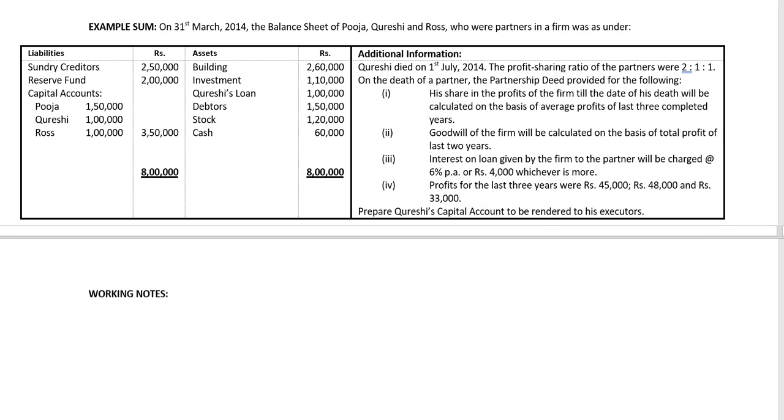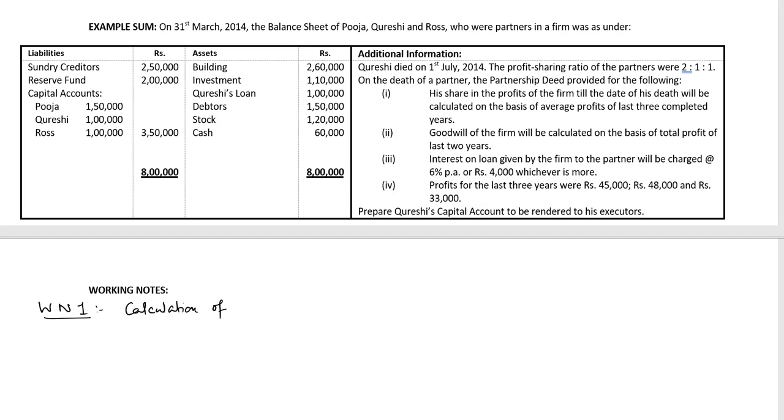So let's do the first working note. Working note 1, calculation of Qureshi's share in profits up to date of death.